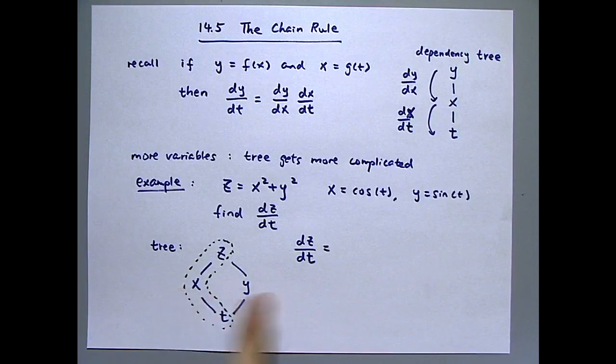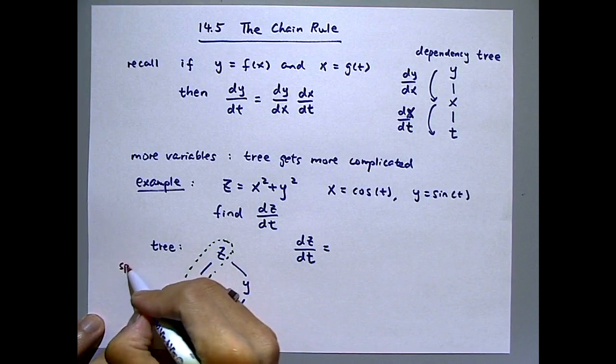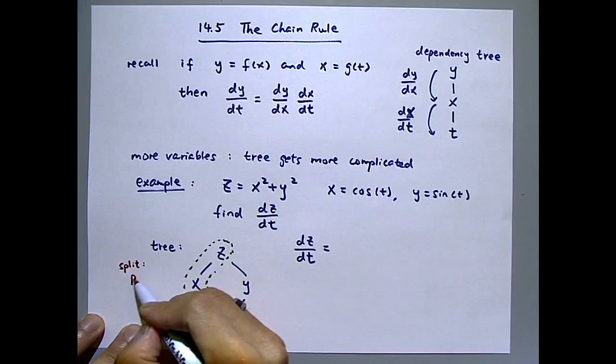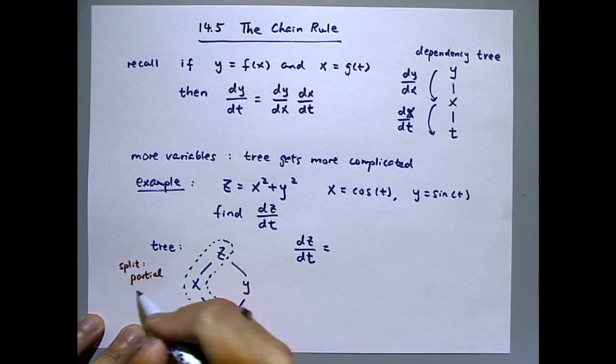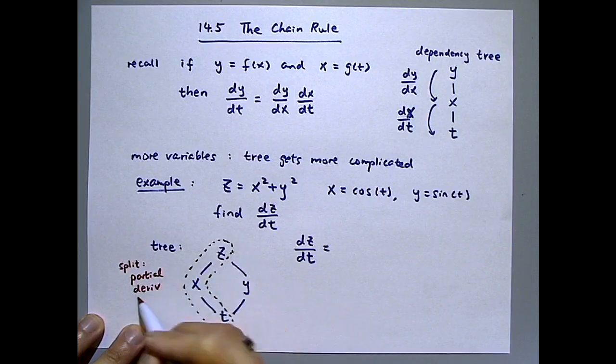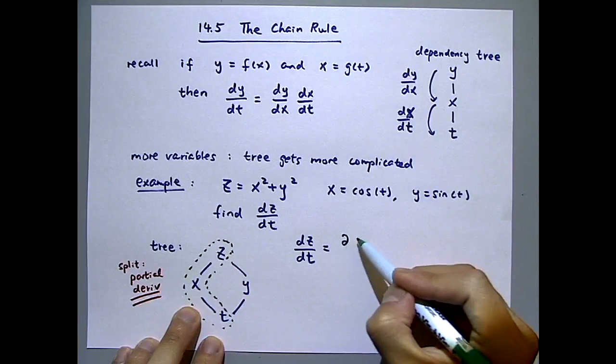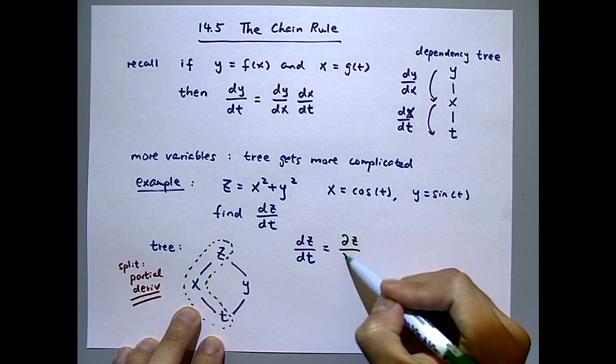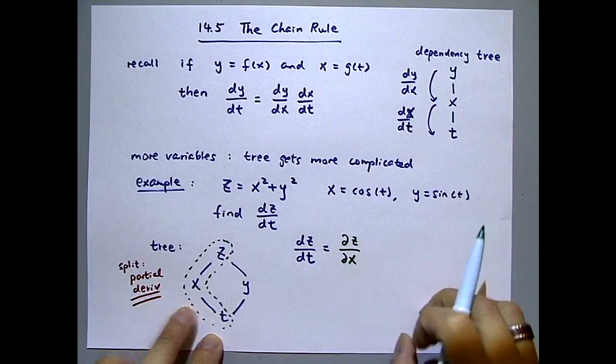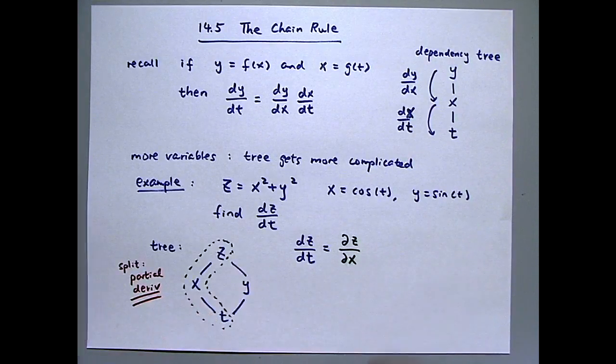When you have a split, you want to use partial derivative. So the left branch here, we have a split here. First, we need to capture how z is changed by just x. So that's a partial derivative of z with respect to x. This will capture how x alone affects z.